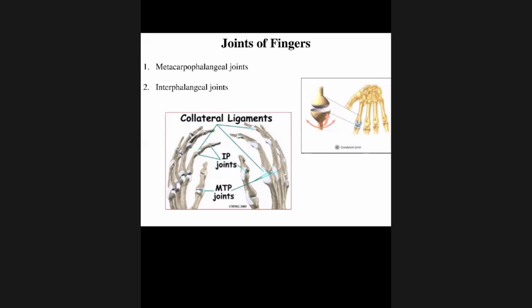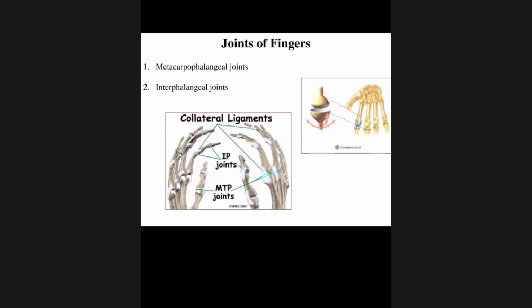Now the joints of the fingers. In the fingers, there are the metacarpophalangeal joint and the interphalangeal joint. The metacarpophalangeal joint is an example of the ellipsoid joint, I told you, and the interphalangeal joint is an example of a hinge joint, like the elbow joint.